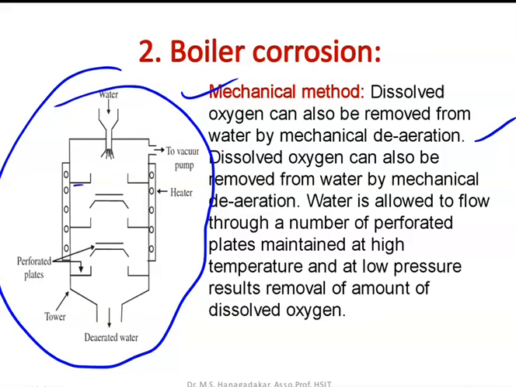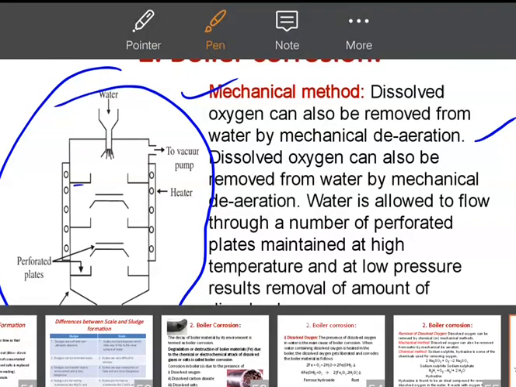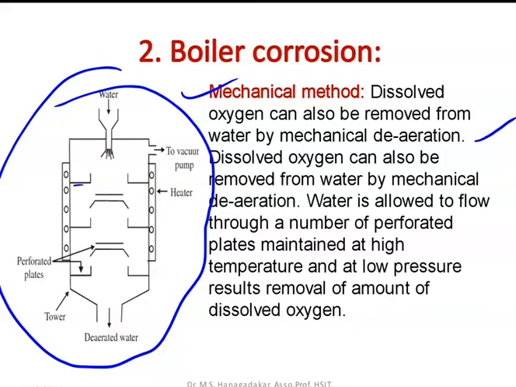When the water comes in contact with the perforated hot plate, because of the heat present in the integral part of the tower, the gas gets released. That gas, released at low pressure, can be removed by the vacuum pump which is present at the top of the tower, and from the bottom of the tower you can drain out the water which is free from dissolved oxygen gas.